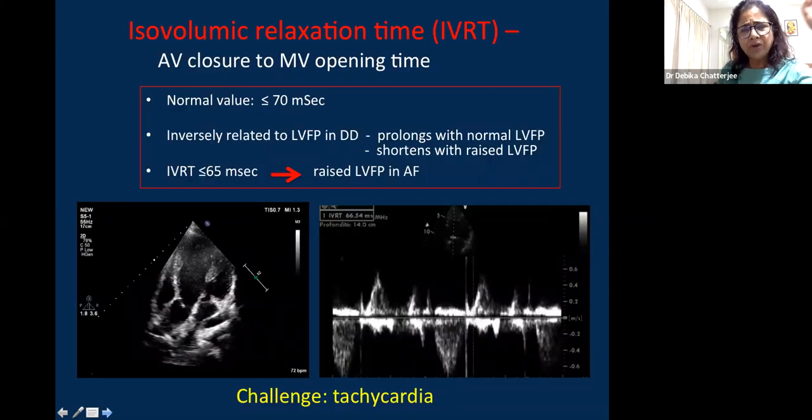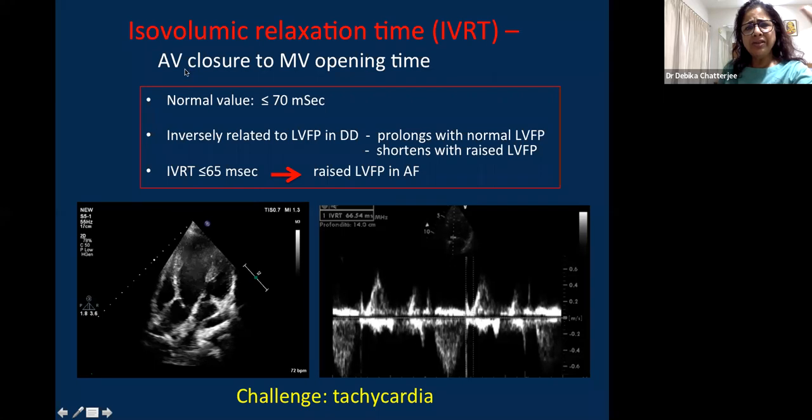Another very important criterion for assessment of LV filling pressure is isovolumic relaxation time. So what is that time? It is the time from the aortic valve closure to the mitral valve opening. So it is a phase of diastole where, as I said, the myocardium undergoes relaxation, as a result of which LV pressure falls.